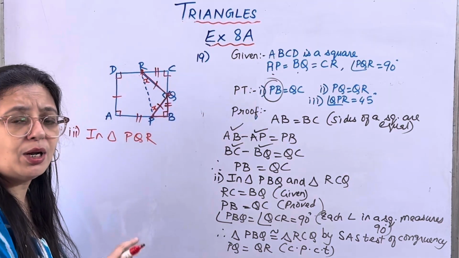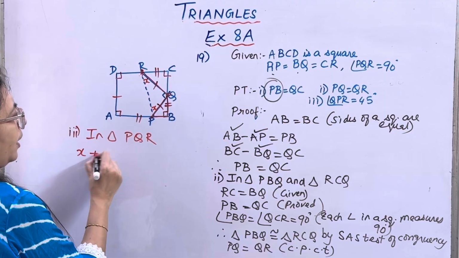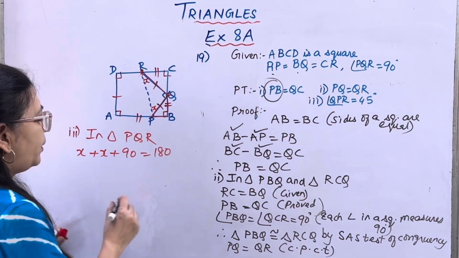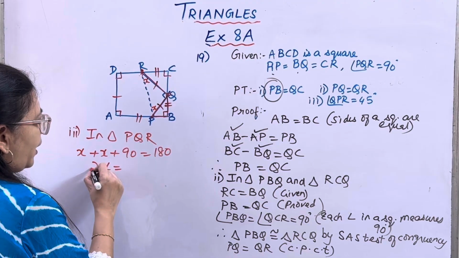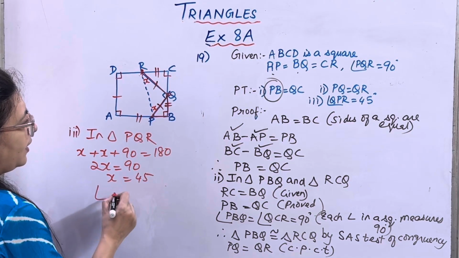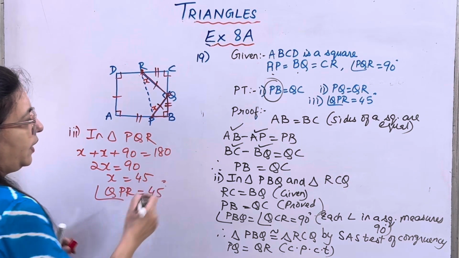Because the sides are equal, so opposite angles will also be equal. So X plus X plus 90 is 180, angle sum property. So 2X is equal to 90, X is equal to 45. So we can say that angle QPR is 45 degrees.